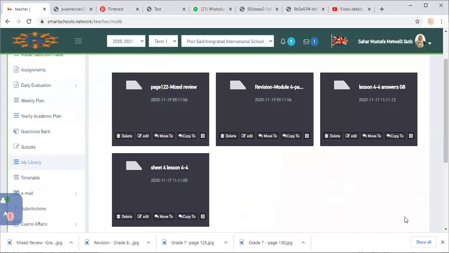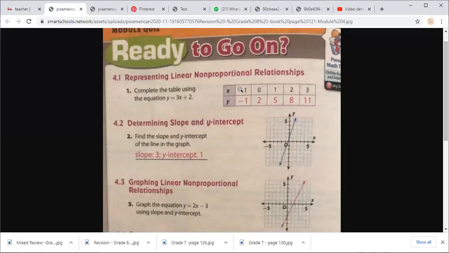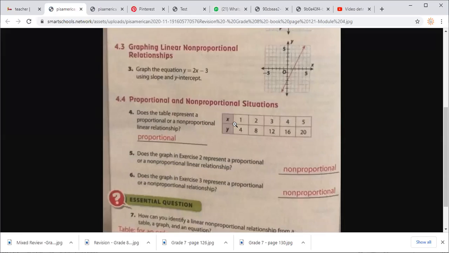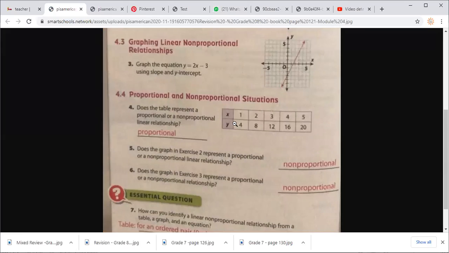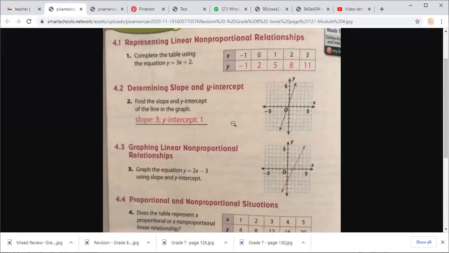When you go back to your assessment folder, you will find page 122, 121, which is the revision here. When you open it, you will find the answer for this page. And you can watch our video while we are explaining this part in our recorded session.